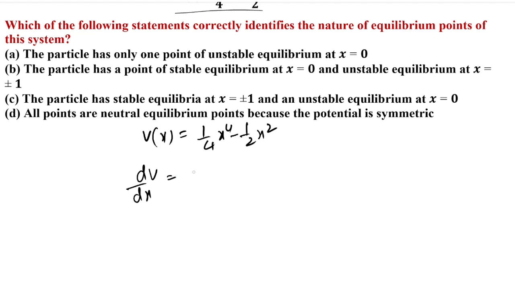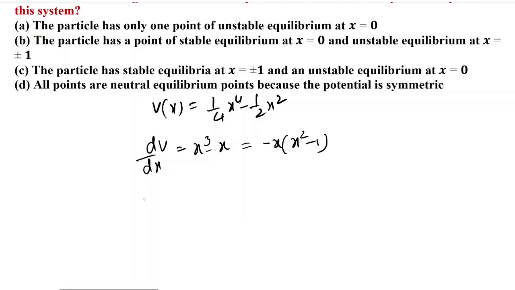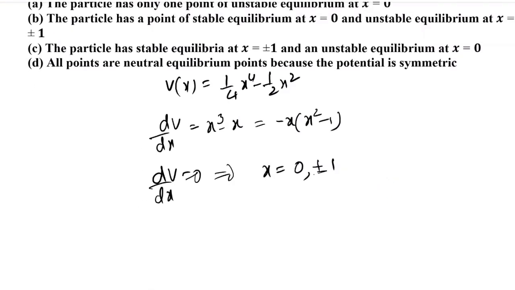So it will yield x cube minus x, which we can write as x into x square minus 1. So setting dV by dx equal to 0, it will yield 3 points. What are those? 0 and plus or minus 1. Okay. So now we have 3 points.